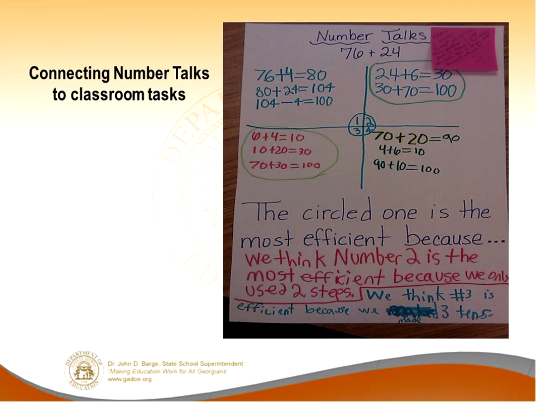And a big thing with Number Talks that we haven't talked about today is students need to identify the most efficient strategy, because we want our students to become efficient thinkers. So what students do here is they look at all the different ways that they've been able to solve the problem, and then they identify which strategy is the most efficient. Really, really good stuff. And again, thanks, Ms. Birch, for sharing and sending this in to us.